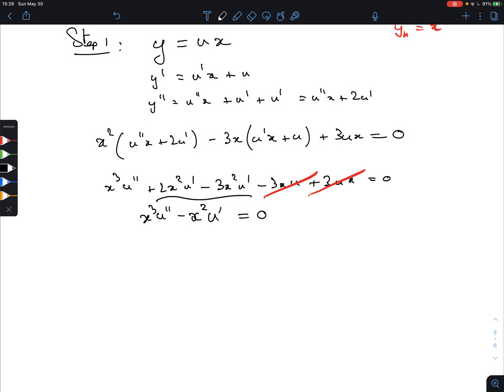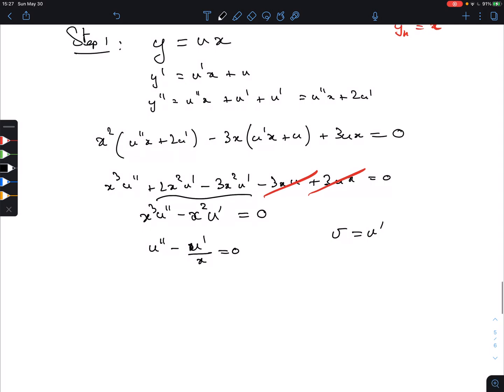I can actually divide by x. Well, let's divide by x cubed. U double prime minus u prime over x is 0. Just so that we keep sane, let's write this as v equals u prime. Then v prime would be u double prime, so this becomes v prime minus v over x is 0.